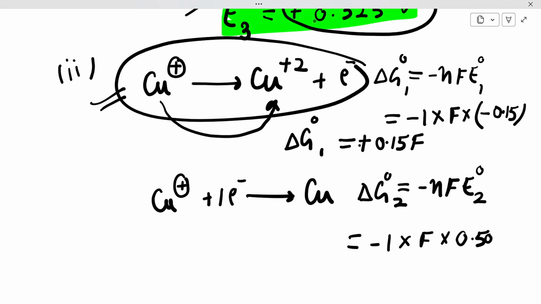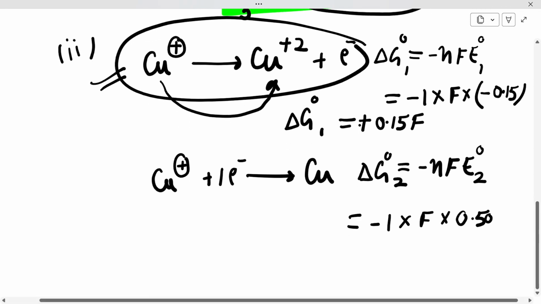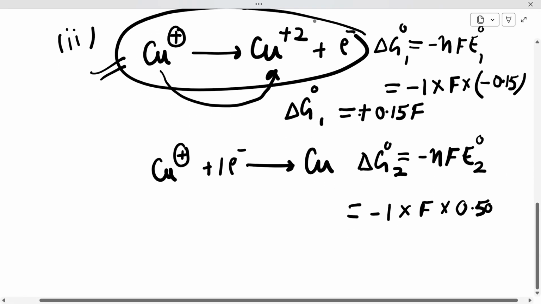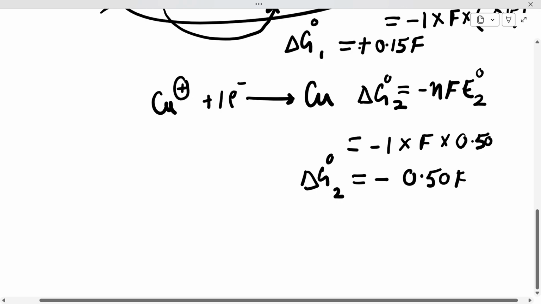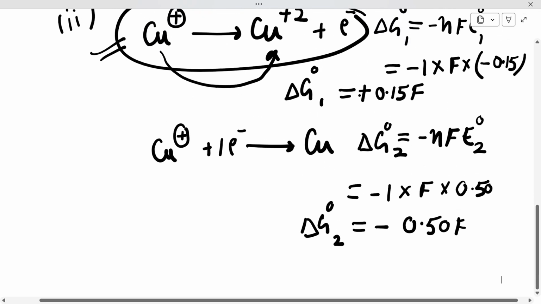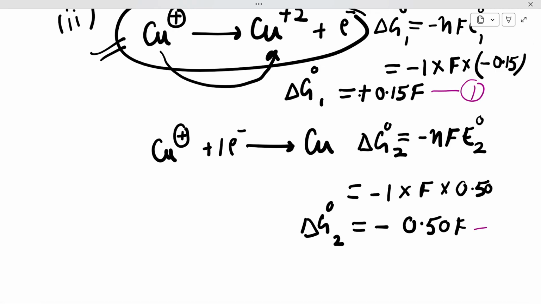So delta G2 will be equal to minus 1 into F, the Faraday constant 96500, which we are just writing as F, and E naught 2 is 0.50. So our delta G naught 2 will be equal to minus 0.50 F.